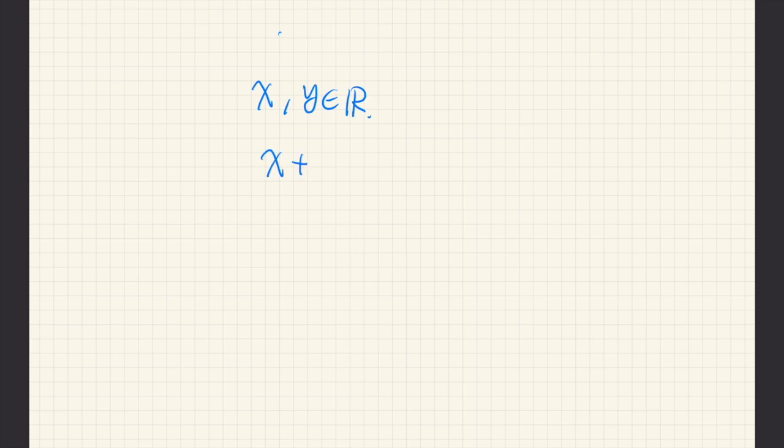All right, now consider addition and multiplication between numbers. Okay, so if x and y are real numbers, then we know that x plus y is equal to y plus x, and x times y is equal to y times x. So that means we can swap the order of addition or multiplication in any way, right?